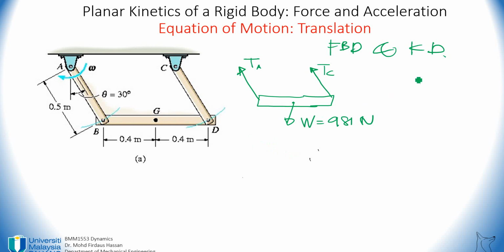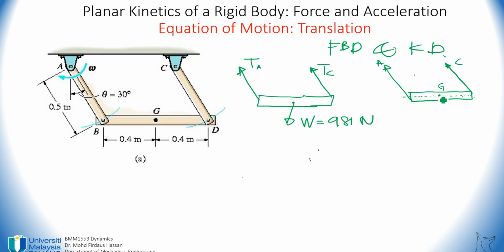Then your kinetic diagram. Here is point A, and some point C. Basically A is referred to G, but for this case, any point on this rod or beam experiences the same path.